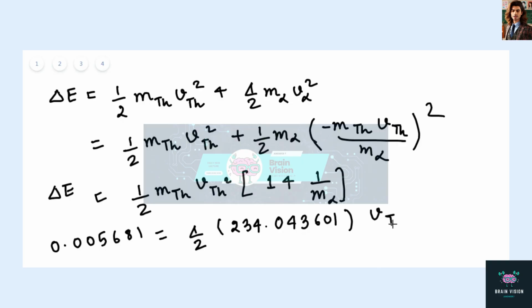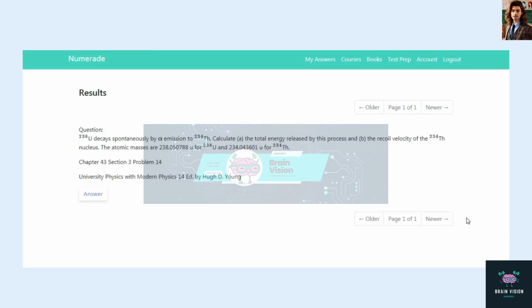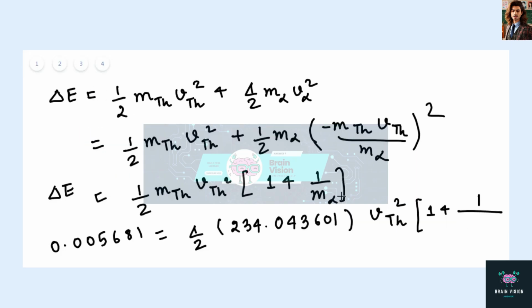And that is 3 thorium square, and 1 by 1 plus, what is the mass of alpha we used? Plus 4.001506. Alright, so finally, I hope it's clear that it's a half.